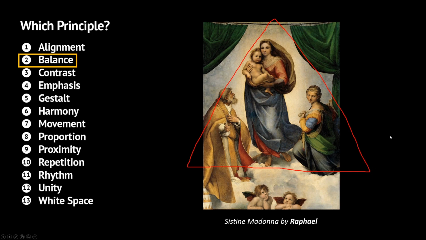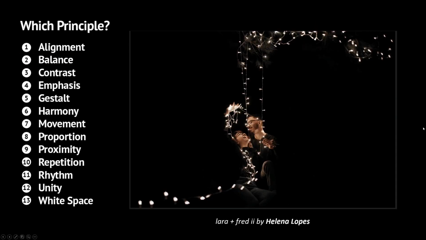The next image, we have a photo taken by Helena Lopez. Which principle is best represented in this image? Okay, this is a pretty tricky one. I think there are two principles acting together to make this image successful.